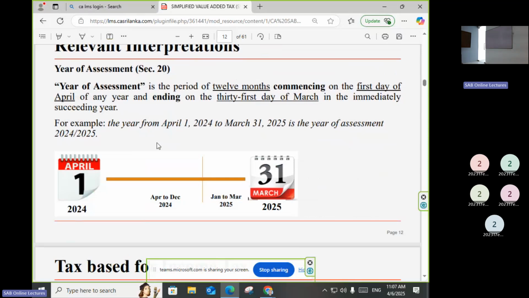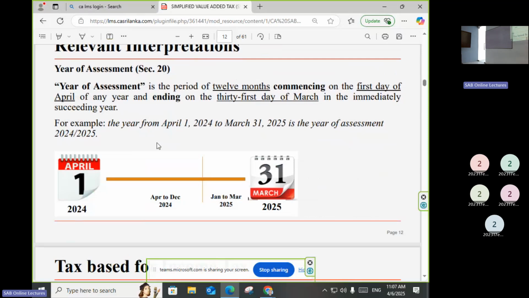Year of assessment is the period of 12 months. It is the 12-month period commencing on the first day of April and ending with the 31st day of March in the immediately succeeding year.